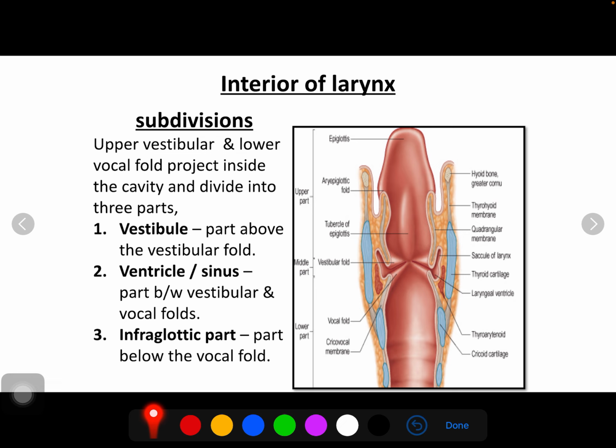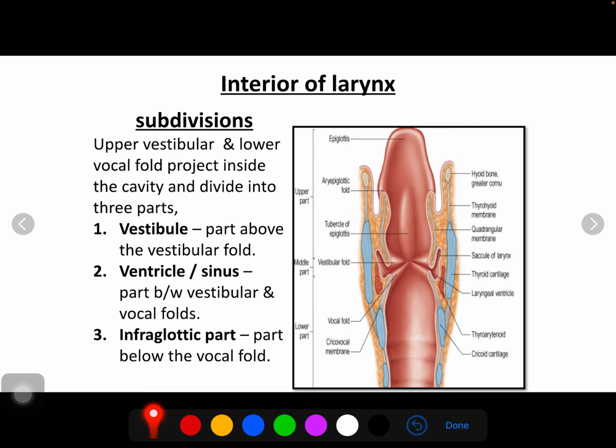The next one is the vestibular fold. The vestibular folds are called false vocal cords because they do not take part in phonation. They are a fixed fold covered by respiratory epithelium. Each vestibular fold contains the vestibular ligament and submucosa with capillaries and mucous glands.